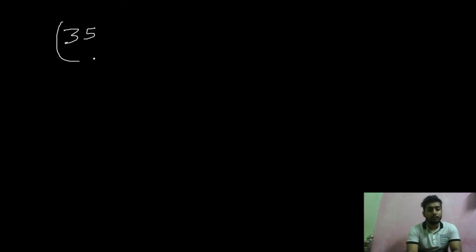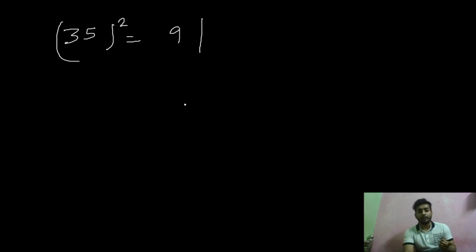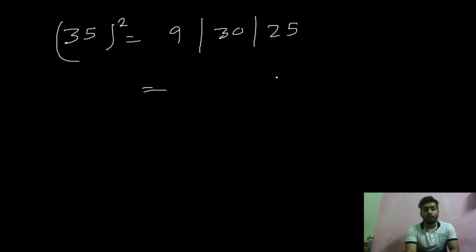What will be 35 square? So at first we have to find the duplex of 3. The duplex of 3 is 3 square, that is 9. Now the duplex of 35. The duplex of 35 is 5 into 3 is 15, 15 into 2 is 30 slash, the duplex of 5 is 25. So how to write it?